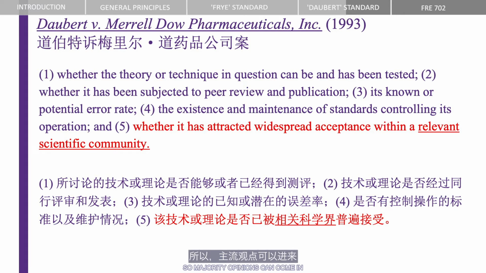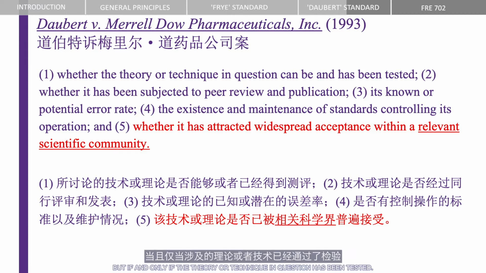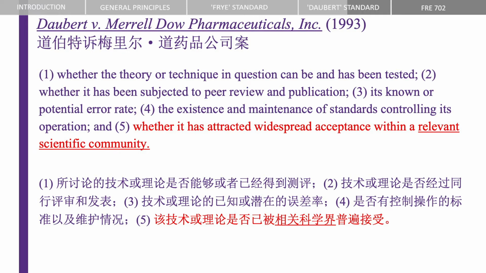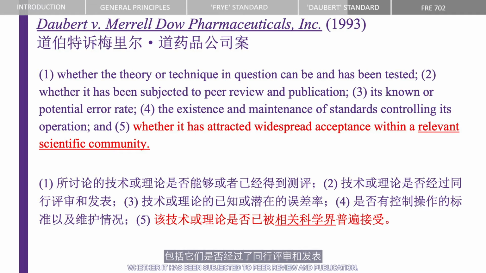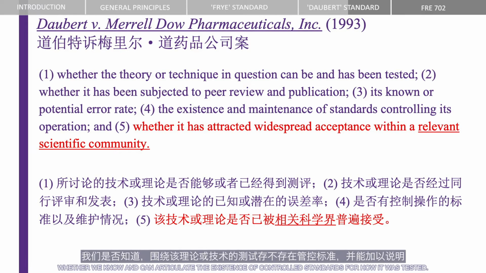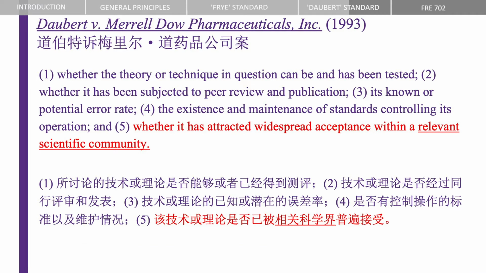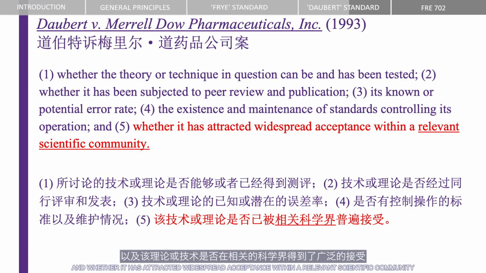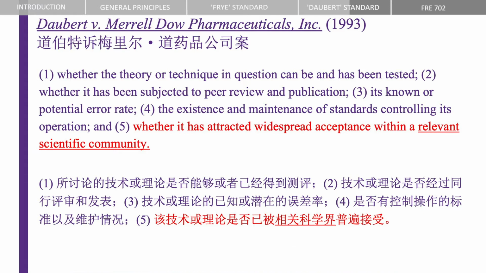So majority opinions can come in, minority expert opinions come in, but if and only if the theory or technique in question has been tested, whether it has been subjected to peer review and publication, whether we know its error rate, whether we know and can articulate the existence of controlled standards for how it was tested, and whether it has attracted widespread acceptance within a relevant scientific community, something Chris has already talked about.